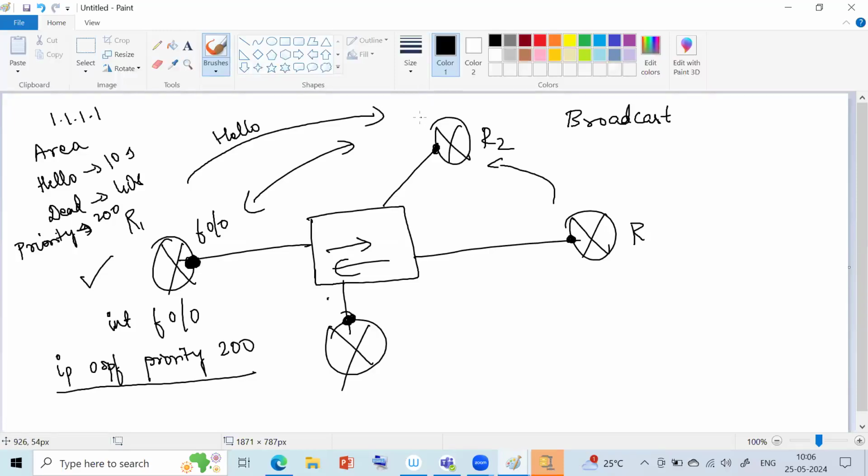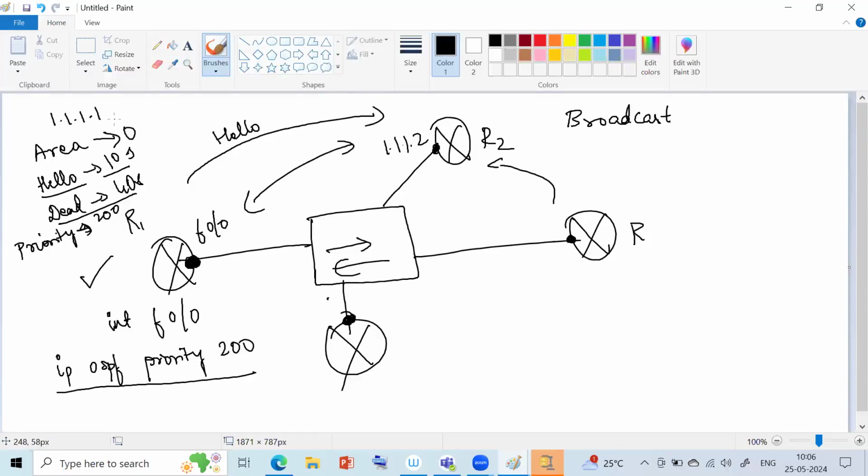Router 2 will see, hey, this guy has an area. Okay, he's in my same area, 0. So we can do neighborship with him. And he is 1.1.1.1. I am 1.1.1.2. So he is in the same subnet, so I can do neighborship with him. Hello, 10 seconds. Okay, this is set the same on my end.